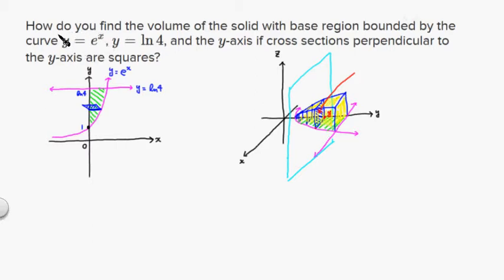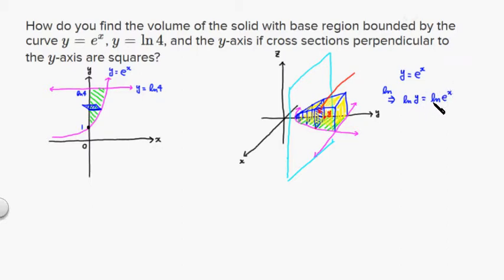Unfortunately, this is written in the form y equals e to the x, but we want the x value in terms of y, so we just have to rewrite it. We can take the natural log of both sides, then you have natural log of y equal to natural log of e to the x.